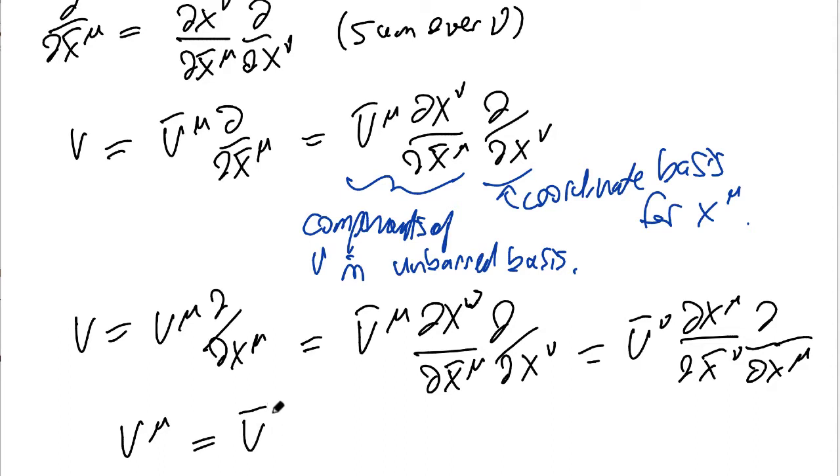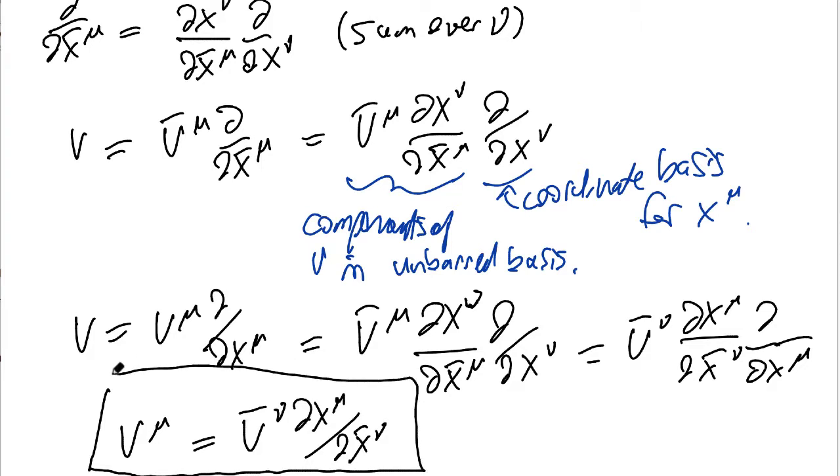This is v bar nu d by dx mu by d bar nu. All right, so if we change coordinates from unbarred to barred coordinates, this expression tells us how the components of a vector v change under that coordinate change.